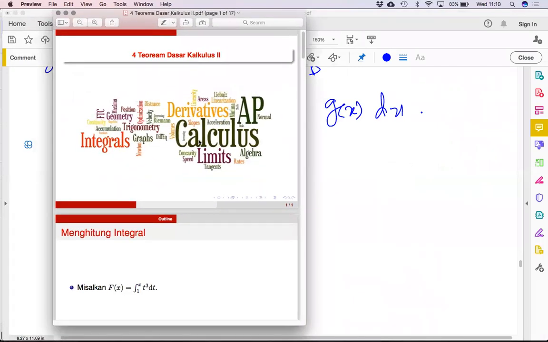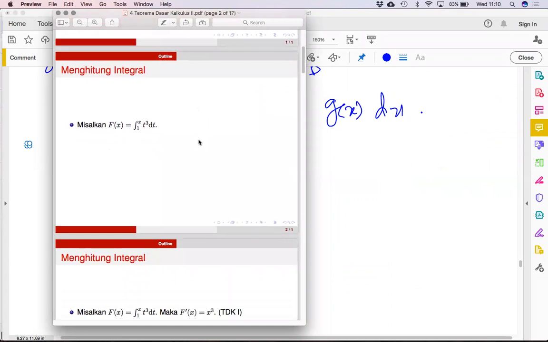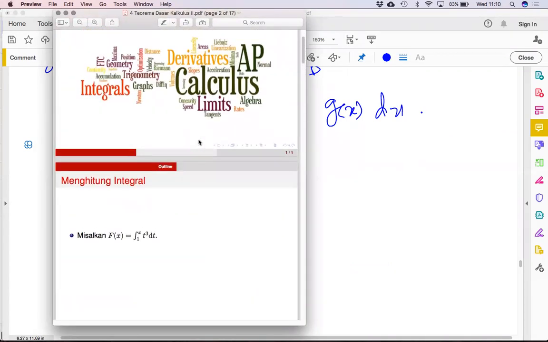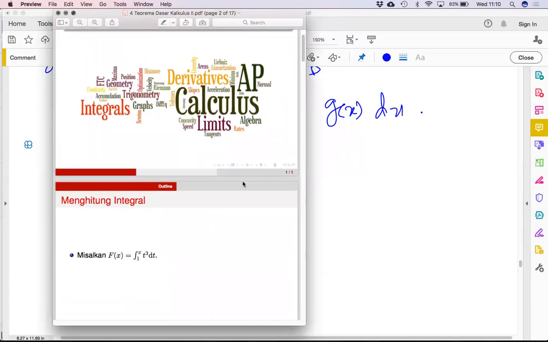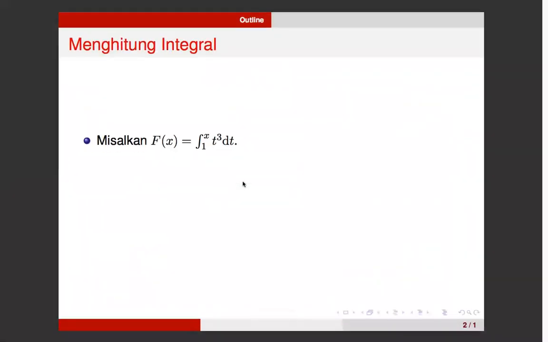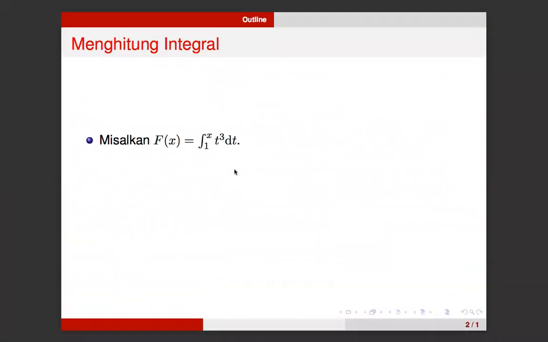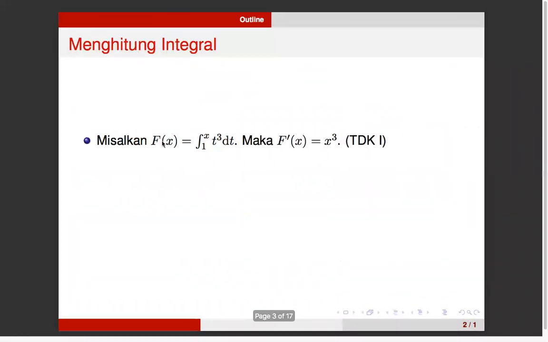The first one you have already seen before. Okay, let's see the second fundamental theorem of calculus. Previously, we can calculate the integral of f(x), 1 until x of t cubed dt. So using the fundamental theorem of calculus, you can derive this: f prime x is x cubed.